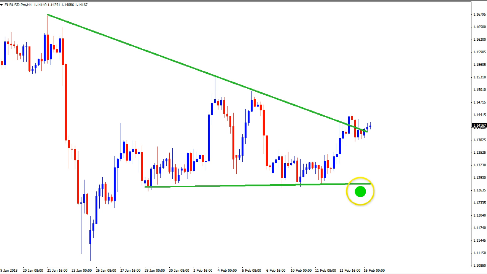Of course, what I'm looking for is a 4-hour candle break below the trend line or above it, and that would be my signal and setup for this week. I'm looking for a candle that has a close near the high, or a close near the low for the bearish breakout.